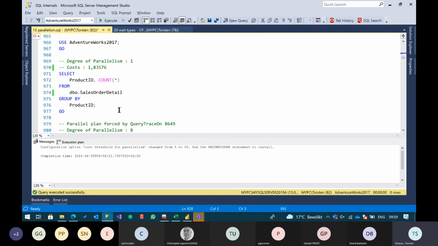And a cost estimation is based on cardinality. That means SQL Server tries to estimate the number of rows which are going through the pipeline, which SQL Server has to process. The problem here for sure is when your cardinality estimation, so the statistics, are stale, so they are not accurate.